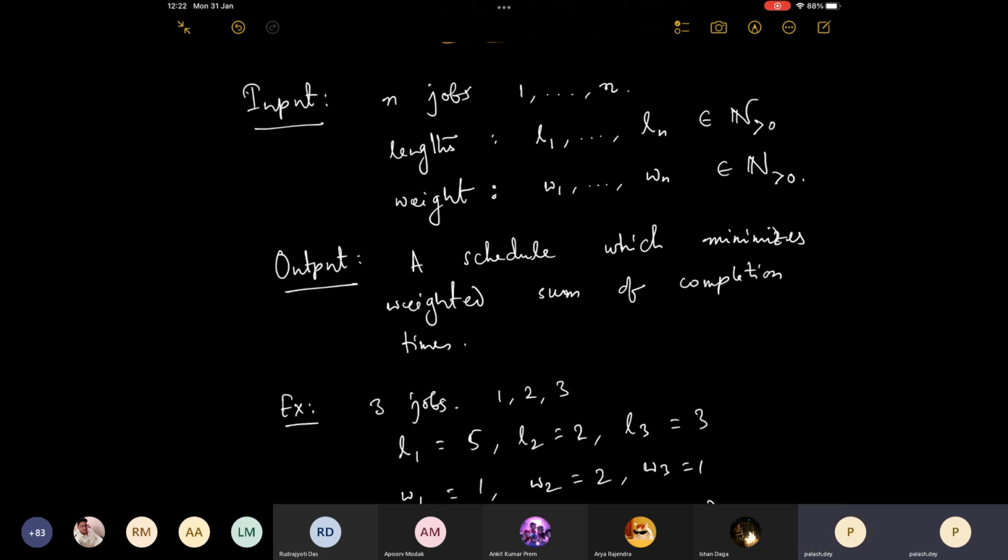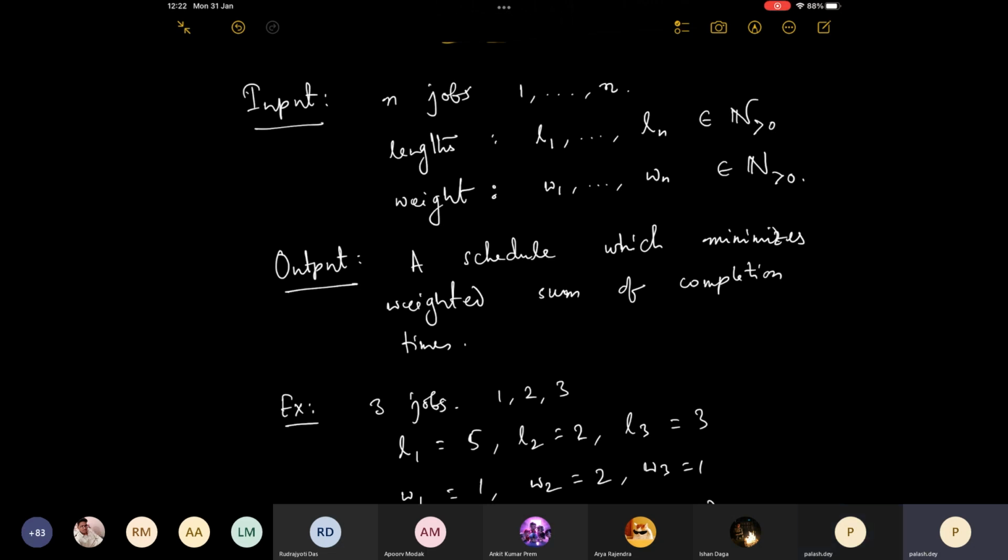So the first candidate algorithm is that we sort the jobs according to the weights. For the time being let's assume that there are no ties, that means all L1 to Ln are distinct, all W1 to Wn are distinct. So the first candidate algorithm is to sort the jobs according to weights in increasing order and do the jobs in that order. Is that what someone was telling?